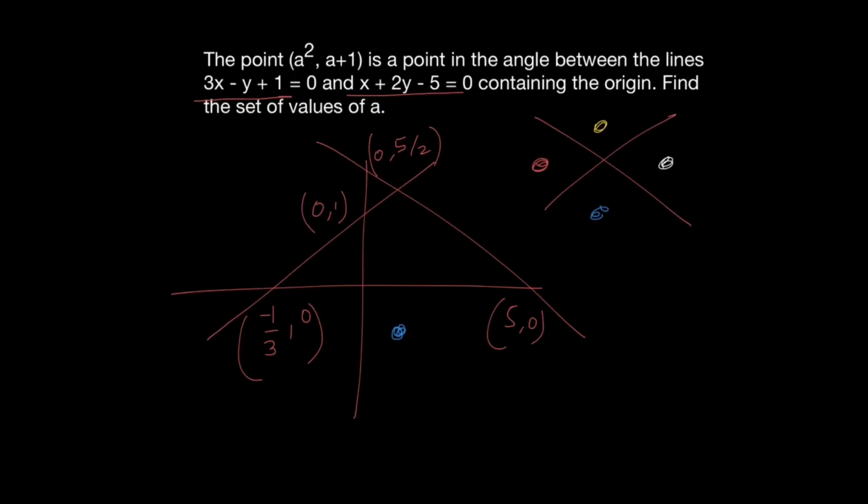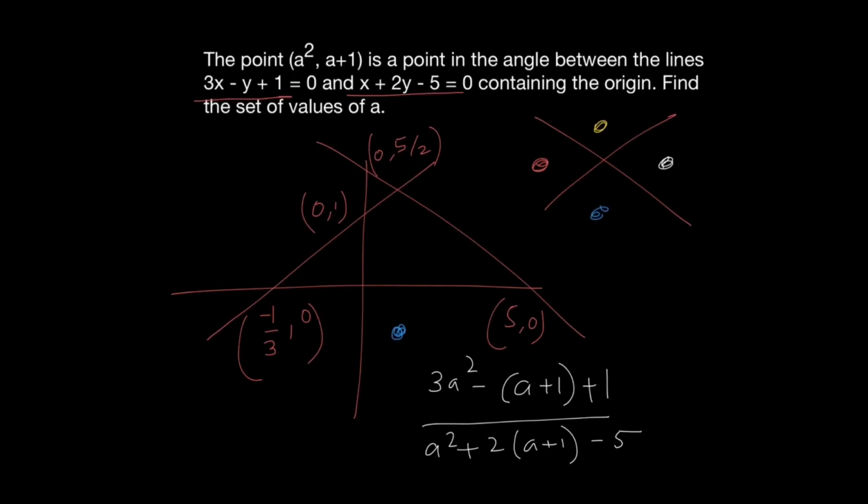So putting the value of the point in these two lines, we can write (3a² − (a + 1) + 1) upon (a² + 2(a + 1) − 5), and since both of them will have opposite signs, their division will be less than 0. And all we need to do now is to solve this inequality to arrive at the answer.